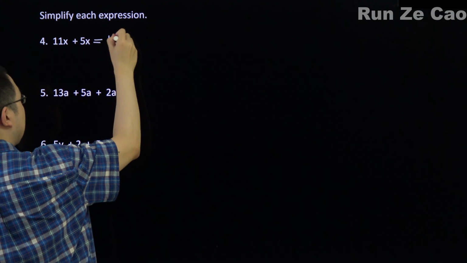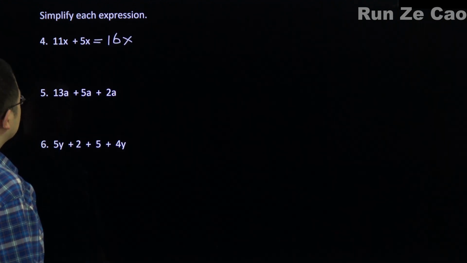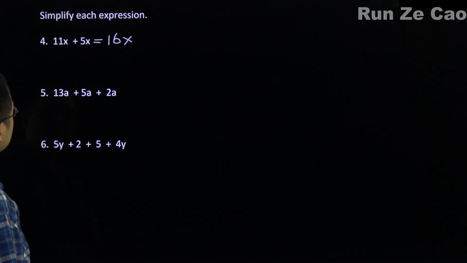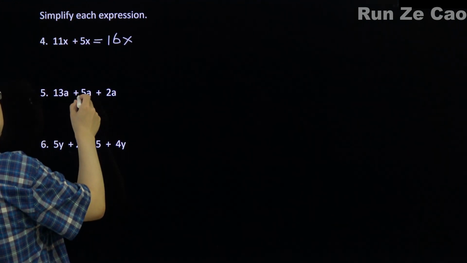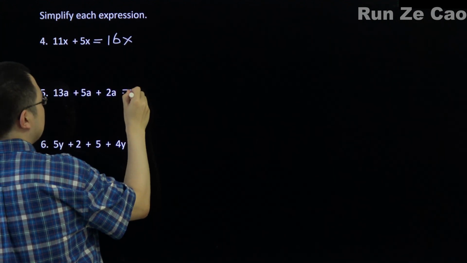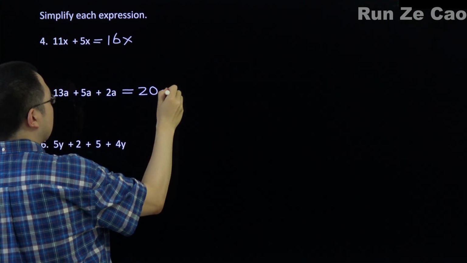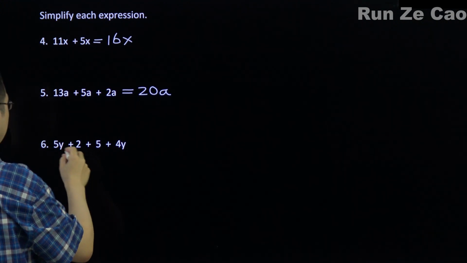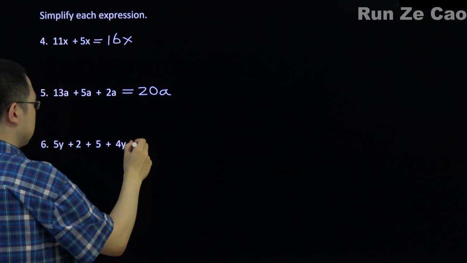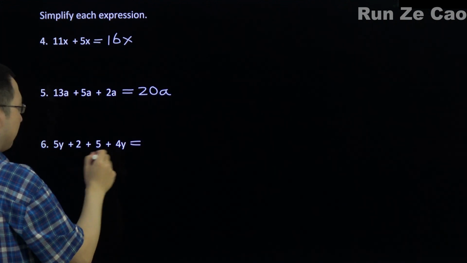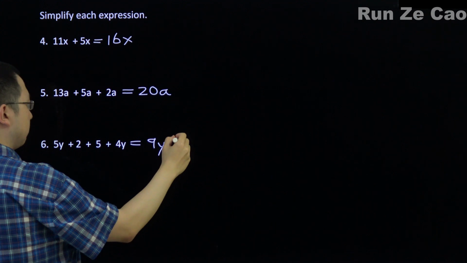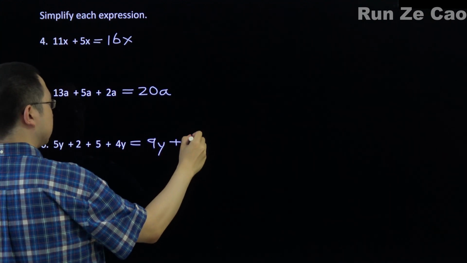You have 16x. 13a plus 5a plus 2a. 5a plus 2a is 7a, plus 13a is going to be equal to 20a. Now 5y plus 2 plus 5 plus 4y: 5y plus 4y is 9y, plus 2 plus 5, which is 7.